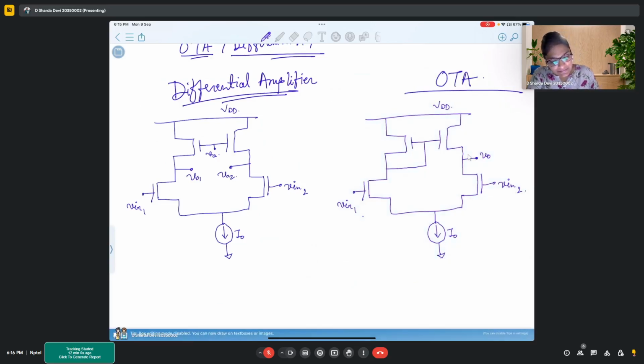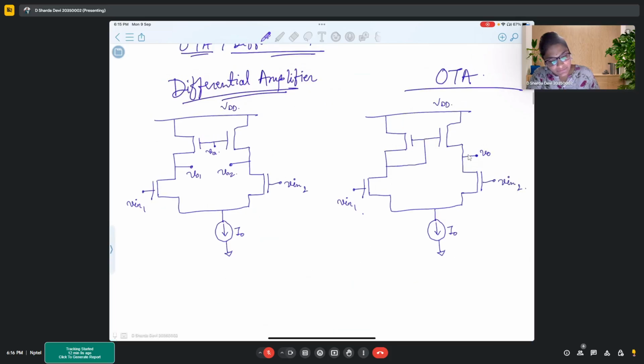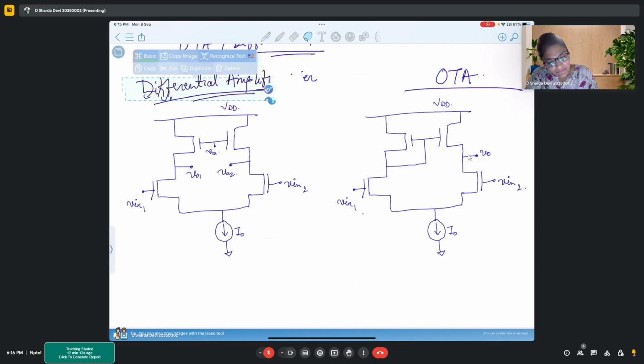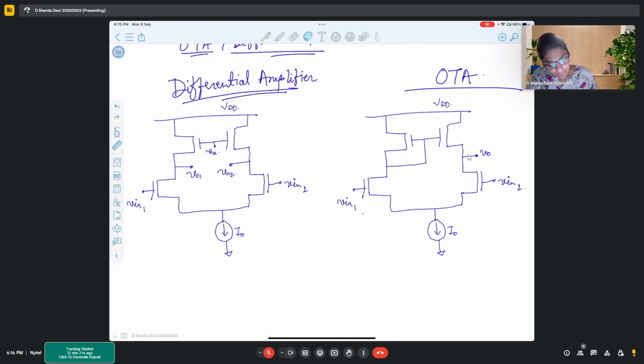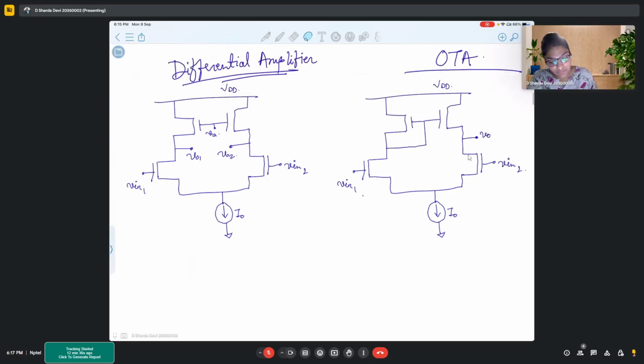What is different is, first, in this differential pair there are two inputs, V in 1 and V in 2, and two outputs, V01 and V02.